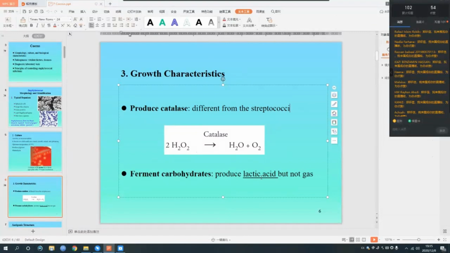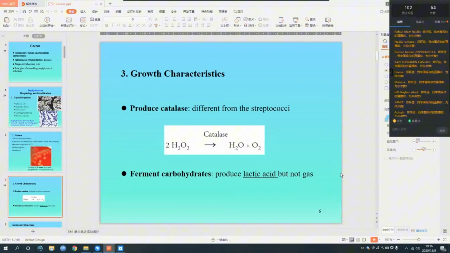They can produce a lot of virulence factors, including golden pigment, and this pigment can enable the bacteria to survive under oxidative pressure, like the pressure of reactive oxygen species.